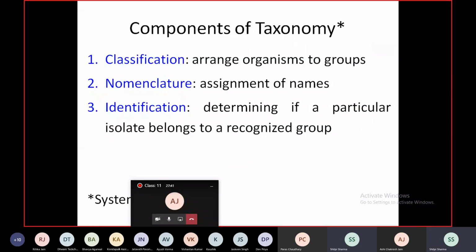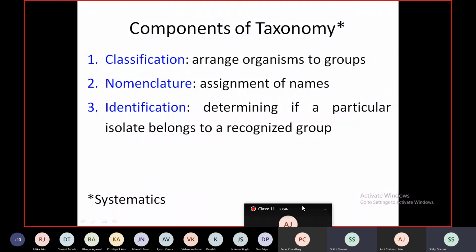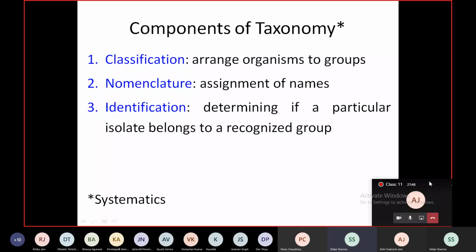Now, there has been considerable debate over the definition of taxonomy and how it's related to, as some people might have heard, the term systematics. Like I said, taxonomy in Greek means putting in order, while systematics is kind of a general term which says putting together. So we will not discuss this debate, but for our own convenience, we will consider the main difference between taxonomy and systematics.